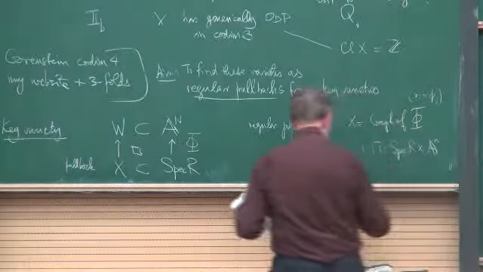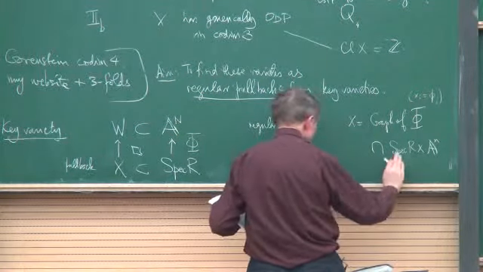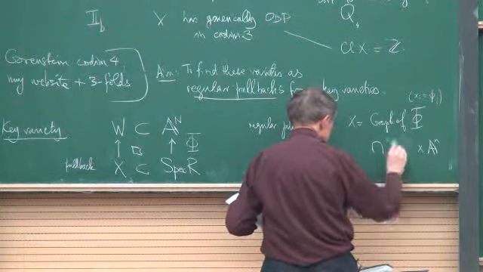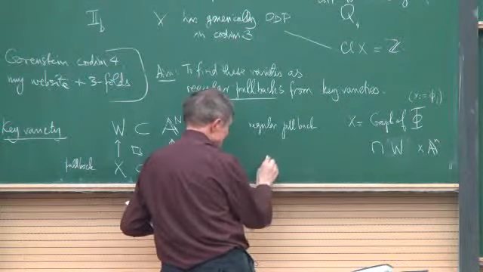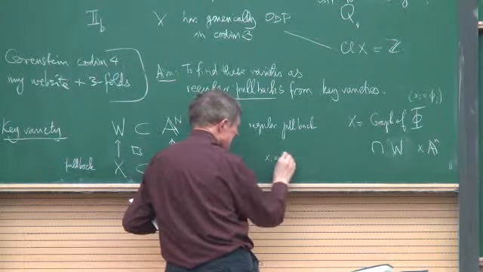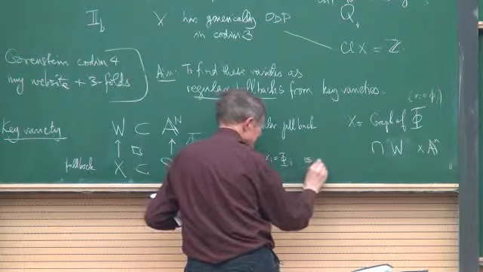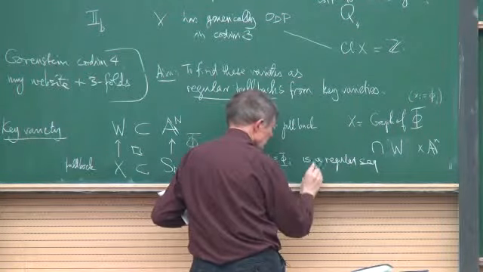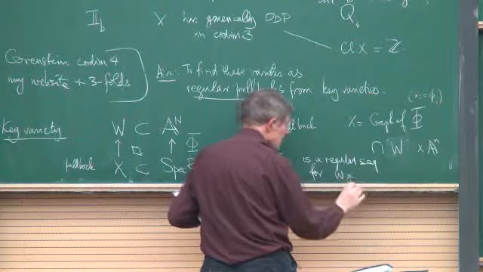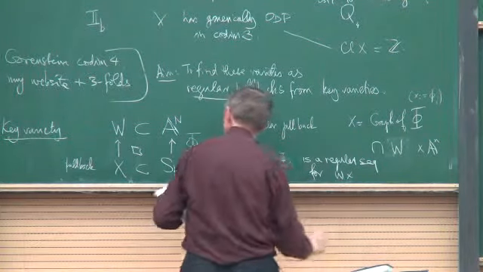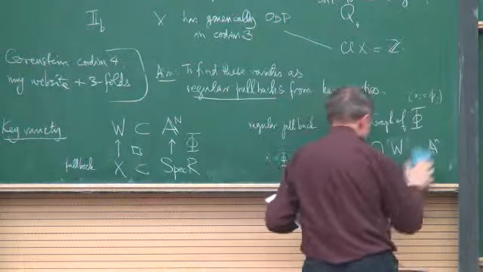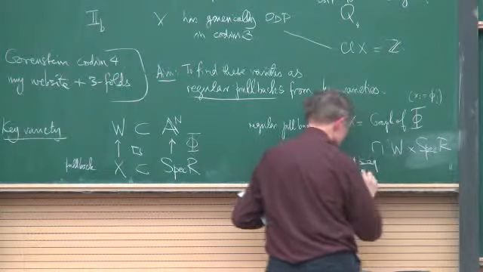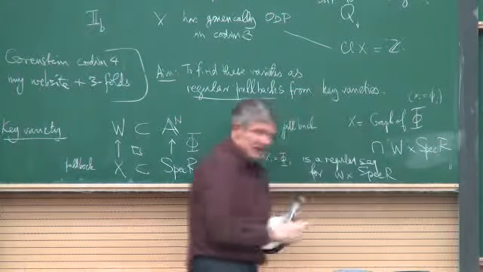Right, so inside here, I'm sorry, intersect W cross A^N. Right, and so the condition is just that x_i equals phi_i is a regular sequence in W cross Spec R. Yes?